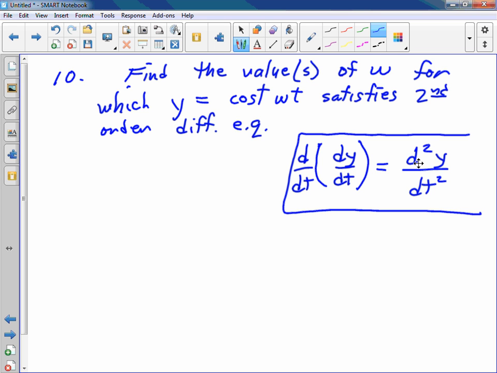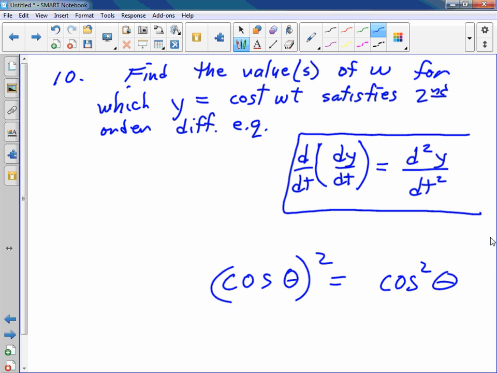It's just saying the second derivative of y with respect to t. But they do it like it's multiplying, like you're going dt times dt, which is dt squared. Ugh. Well, but it's not. I hate that notation, but you see it a lot. It's just faster.